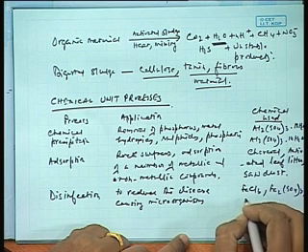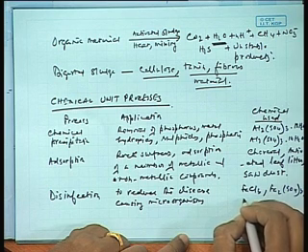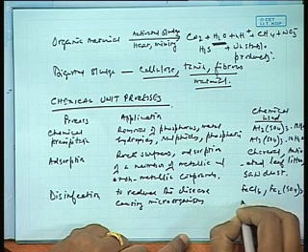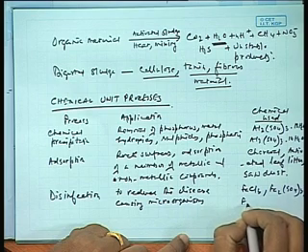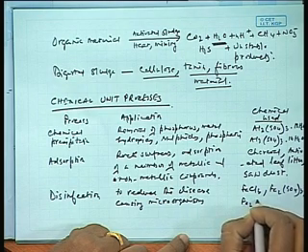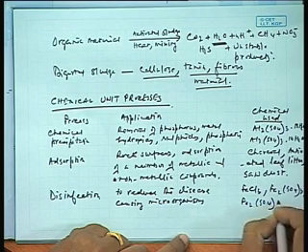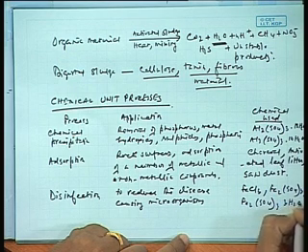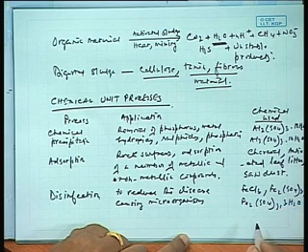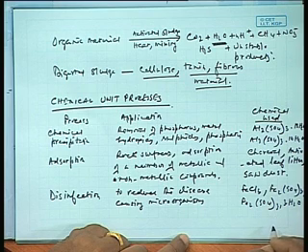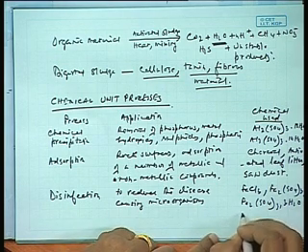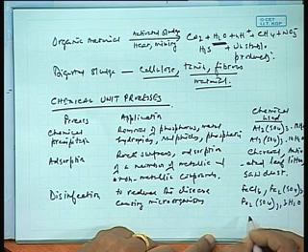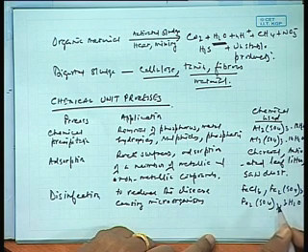Then another very important and greatly used one is calcium hydroxide. Calcium hydroxide comes for precipitation.